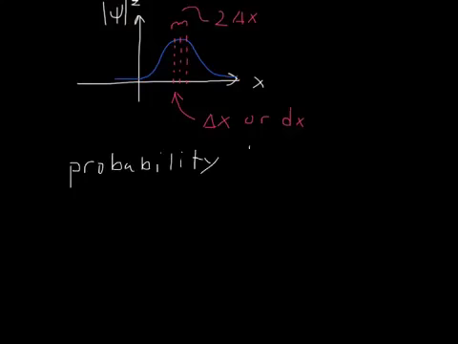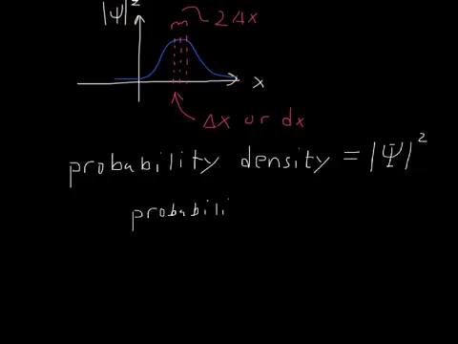Probability density is really what we're referring to when we say wave function squared. Because to get probability, you multiply the probability density by a distance.